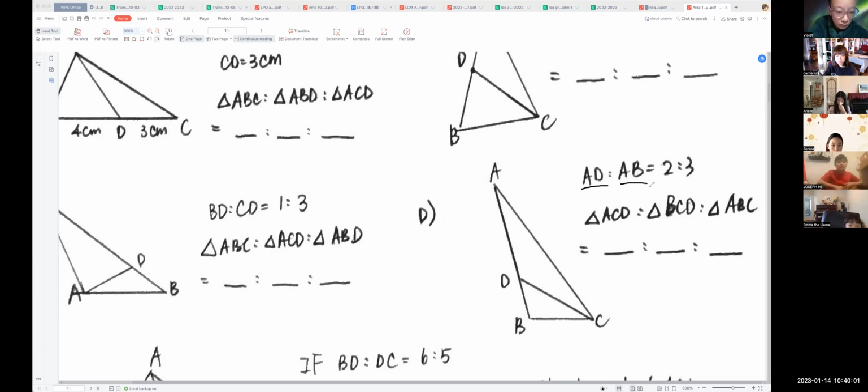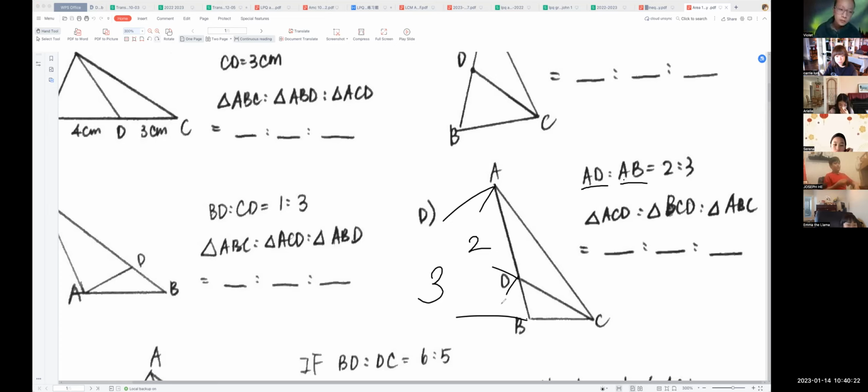So Emma, the best way of doing those questions is putting in the numbers. So AD to AB is 2 to 3. Which one is AD? AD is 2, right? And AB is 3. I sent you another answer. Very good. Good job. I want to ask Serena a very simple question. AD is 2, AB is 3.